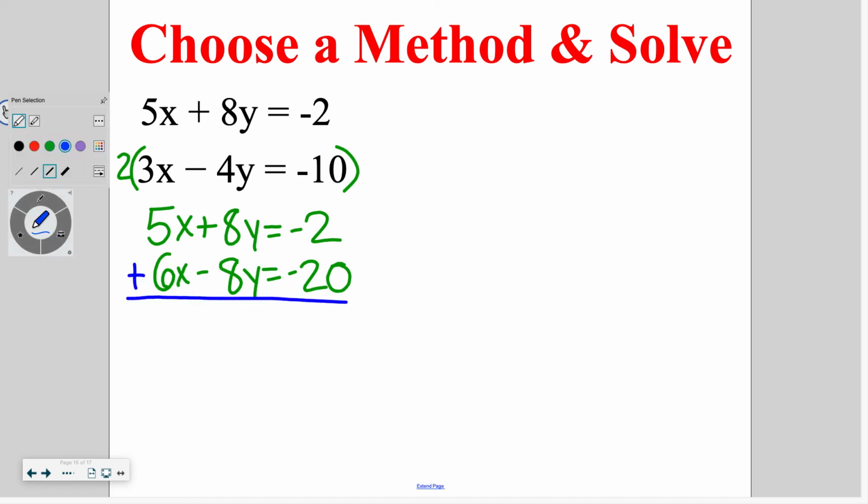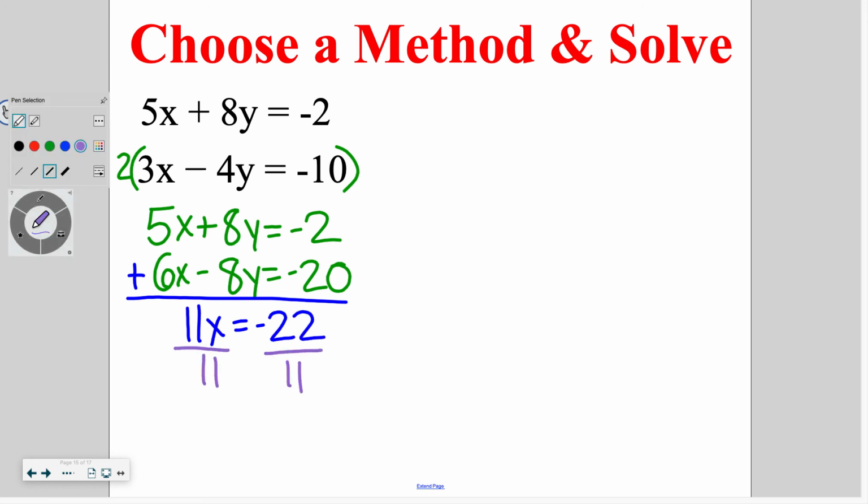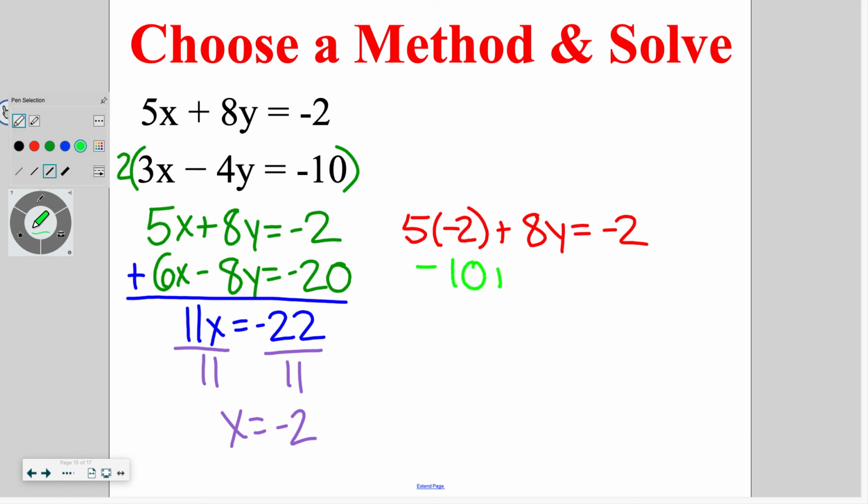So I've got 5 plus 6, which is 11x, negative 2 plus negative 20, which is negative 22. I'm going to go ahead and divide by 11 on both sides, giving me an answer of x is equal to negative 2. When I plug that back in, I'm going to use the first equation, and I'm going to say 5 times negative 2 plus 8 times y is equal to negative 2. 5 times negative 2 is going to give me an answer of negative 10 plus 8y is equal to negative 2.